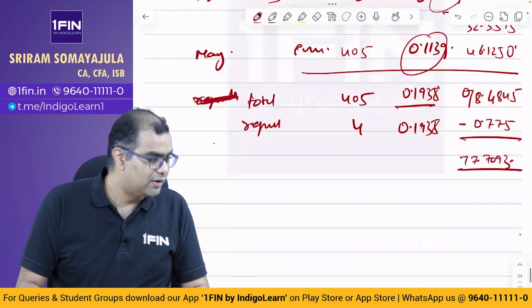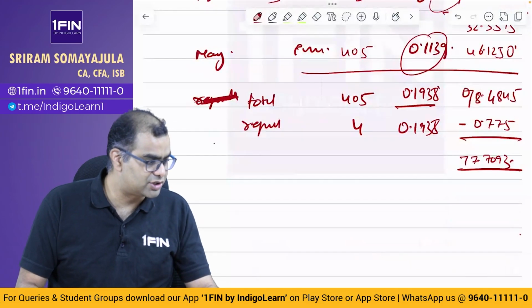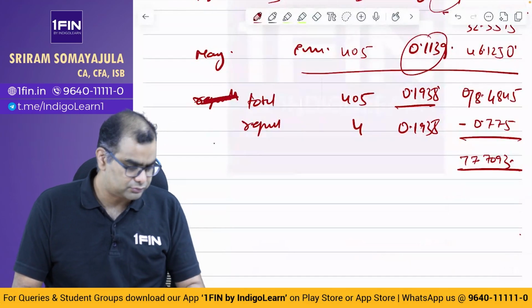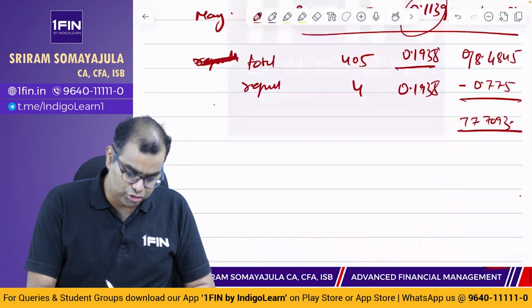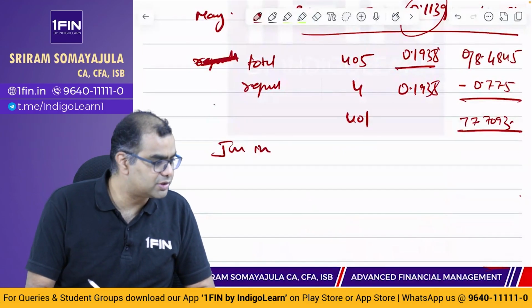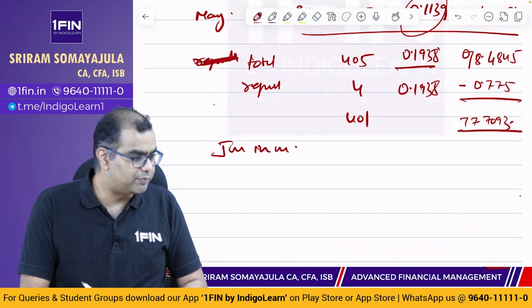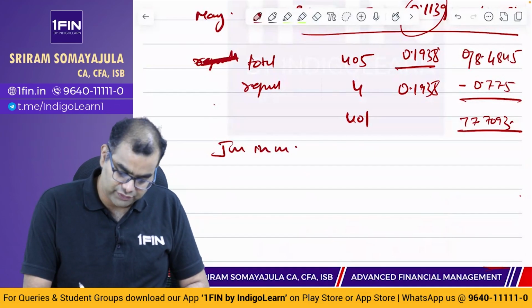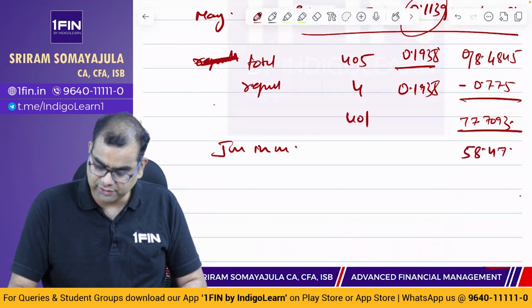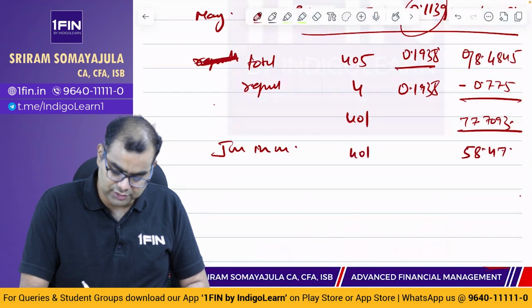Now question 1, how much is the income available for distribution? That is what is the question, right? Now June. This is 401 units. June income. How much is the income for June? 58.47. Okay. 58.47 divided by 401. So you get 0.1458. Okay.